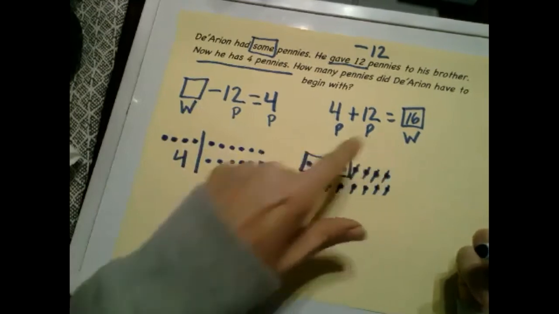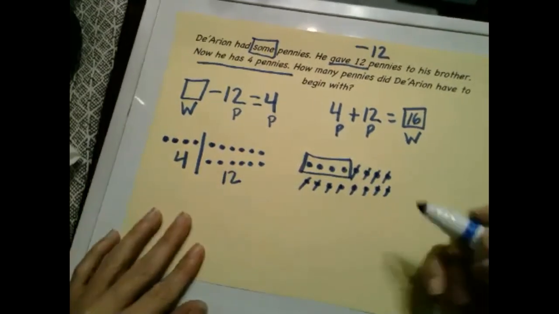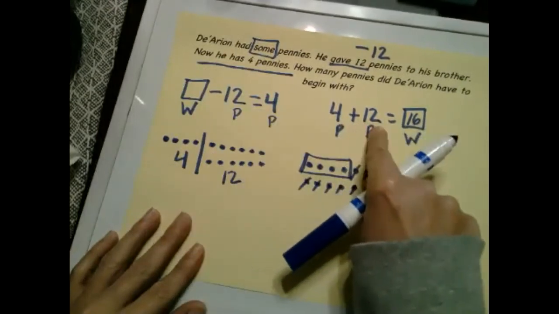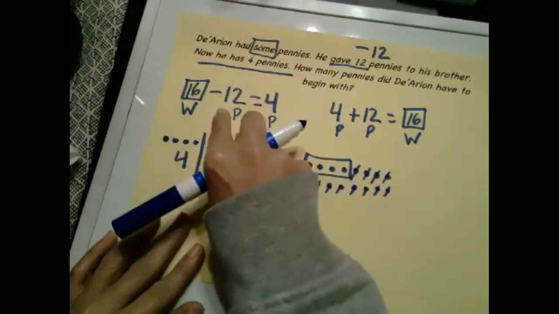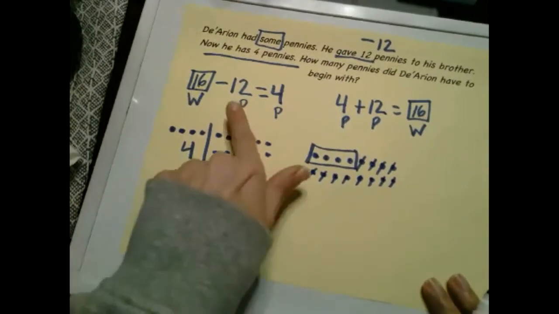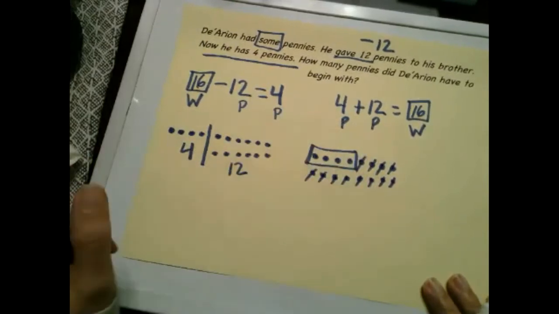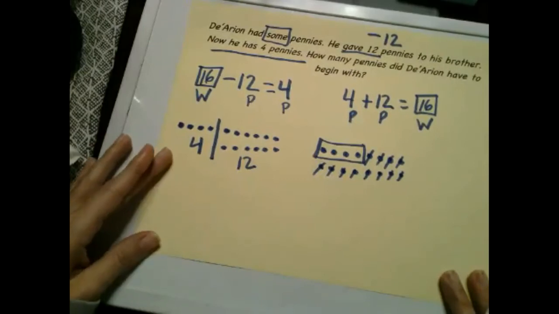So is this right? Yes, that is correct. If 4 plus 12 equals 16, then 16 minus 12 equals 4. And we can use our subtraction and addition together to help us solve for the missing whole.